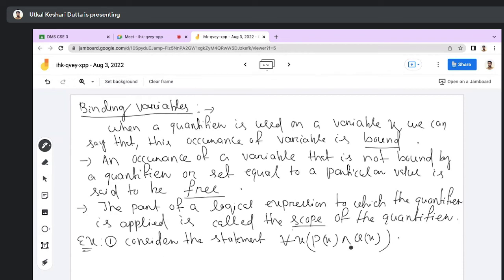Then in this statement, is variable x bound or free? Here the variable used, that is variable x, is bound by the universal quantifier.